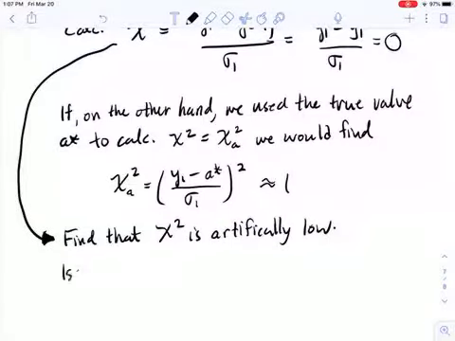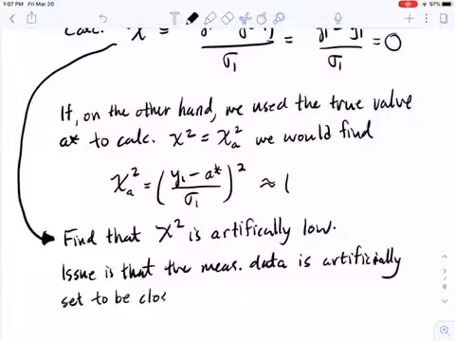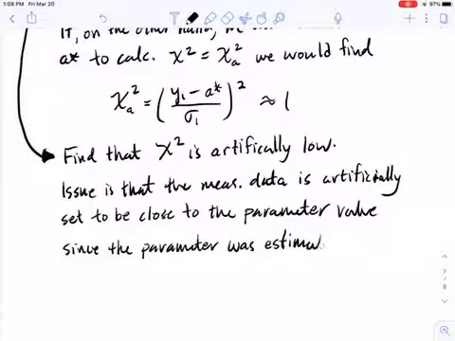Okay, so the issue is that the measured data is artificially set to be close to the parameter value, since the parameter was estimated using the experimental data.